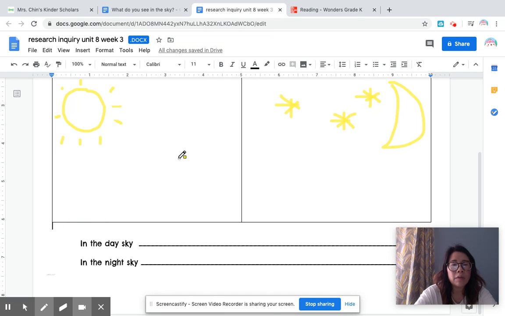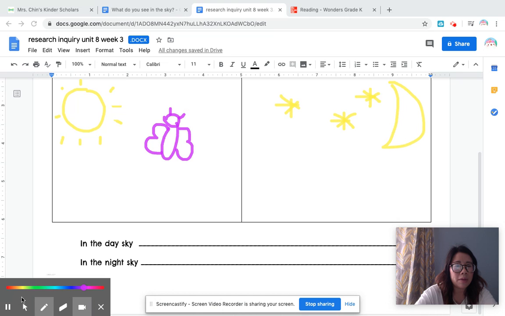Okay, now we talked about some other things that we can see in the day sky, so I think I might add that butterfly like we mentioned before, because it's springtime and so butterflies are starting to fly around a lot. We also talked about how maybe we can see some ladybugs.